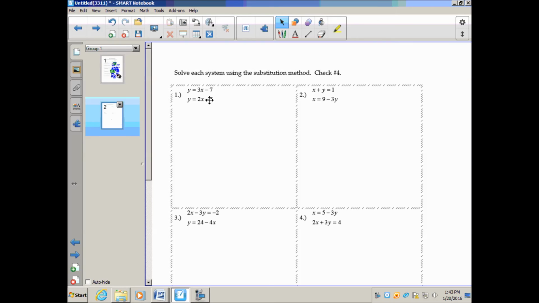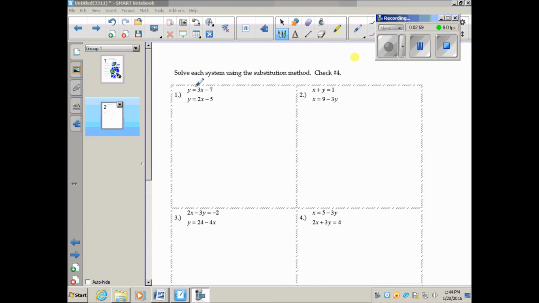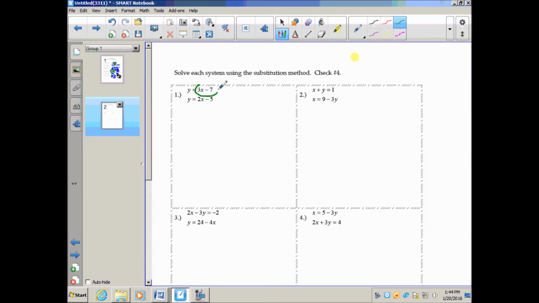Here we have a system of equations, y equals 3x minus 7, y equals 2x minus 5. Now, when I see this, I see that both equations are solved for y. So here, this is already y by itself. So is this one. Since this is set equal to y, I can take this expression and substitute it in place of y in the other equation.